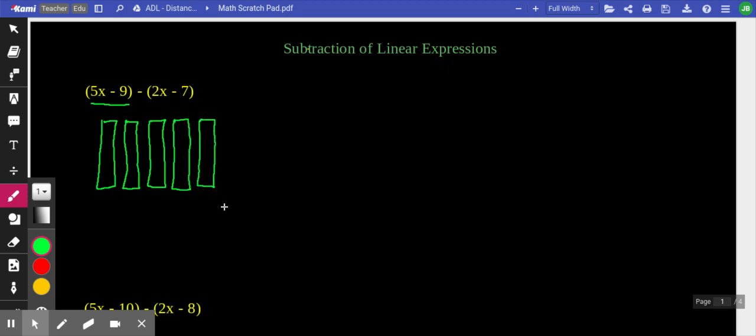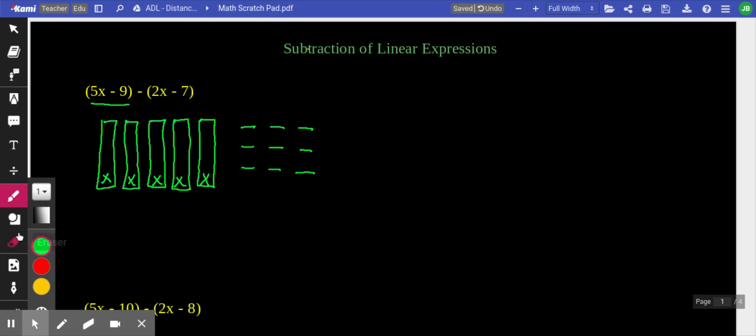And now I have 9 negatives. So what I'm actually going to do is represent these with negative symbols. 1, 2, 3, 4, 5, 6, 7, 8, 9. That just represents my negative 9. So I have 5 x's and then I have 9 negatives.